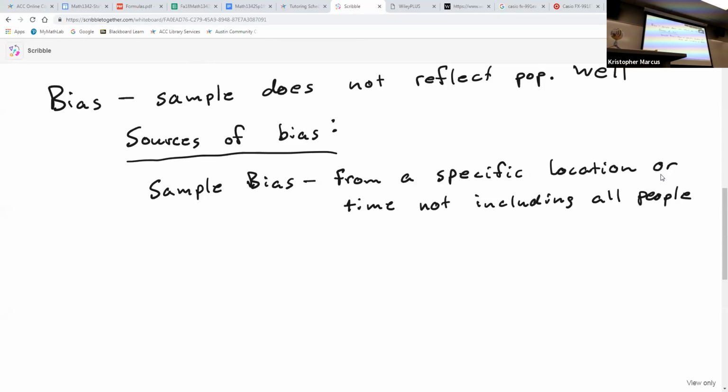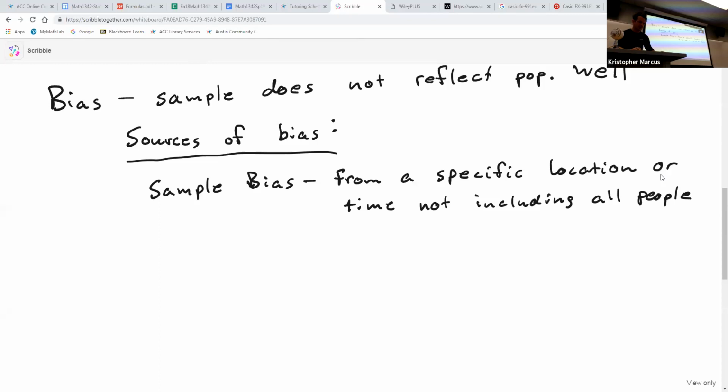Even surveys online are problematic. Not everybody likes to take a survey online. It's too specific. You're targeting a very specific group. So that'll create some bias. Sometimes people call this a convenient sample because you conveniently got some people that happen to be in a specific area at a specific time.